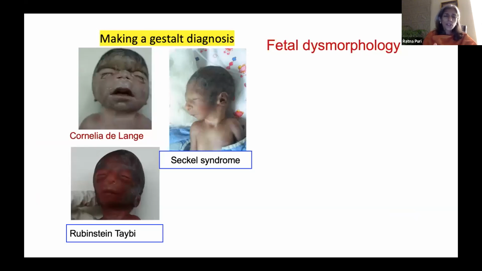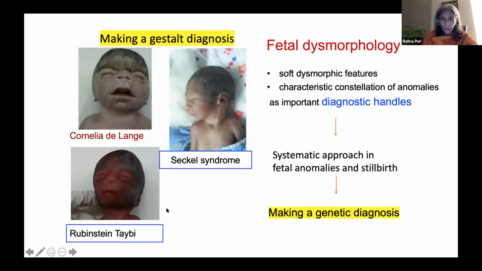There are some situations like what I've just put here, where you see the fetus, like we see a child postnatally, and make what we call a Gestalt diagnosis, because you've seen them once, all the babies, and now even the fetuses look similar. So, this is a Cornelia de Lange, this is a Seckel syndrome, this is a Rubinstein-Taybi syndrome.